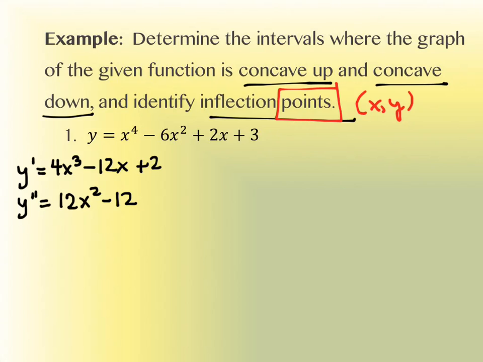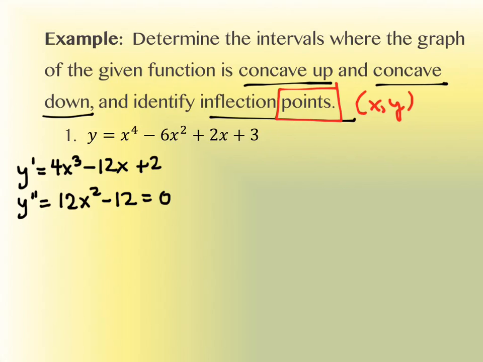What happens when the second derivative is equal to 0? Concavity changes. And what did we call that place where concavity changes? Inflection. An inflection point. So we're actually finding these things out of order. I recognize that, but that's the reality of how we find them. We're going to find the location of the inflection point first. Okay? So finding the inflection point is finding the second derivative equal to 0.